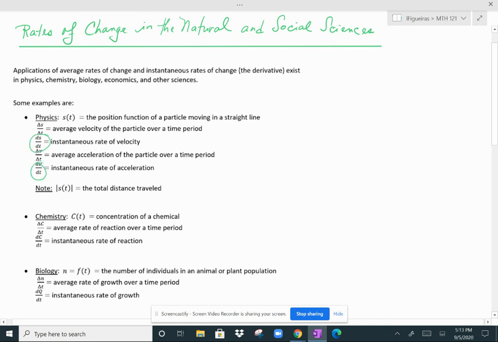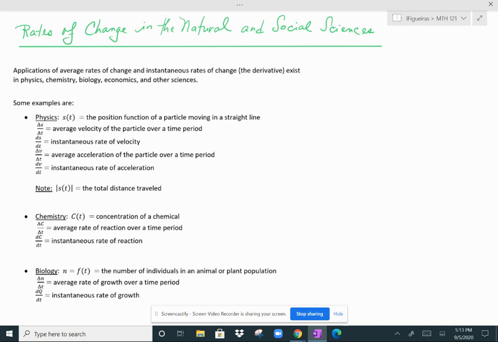And remember, a derivative represents the slope of a tangent line when you're looking at it from a graphical perspective. So tangent line means there's only 1 point, so you can't do a change in 2 points over another. So we use the derivative to calculate these, the instantaneous velocity and instantaneous acceleration.